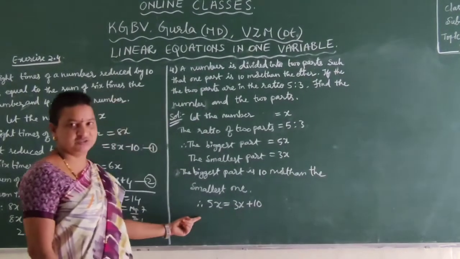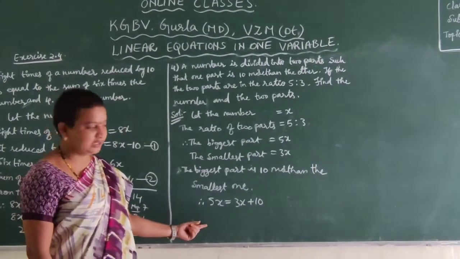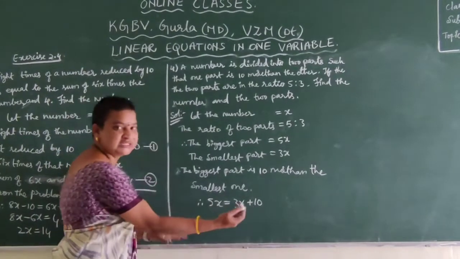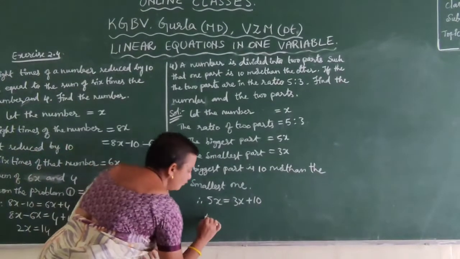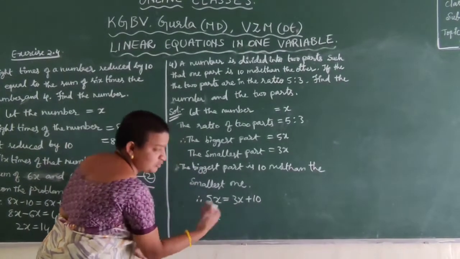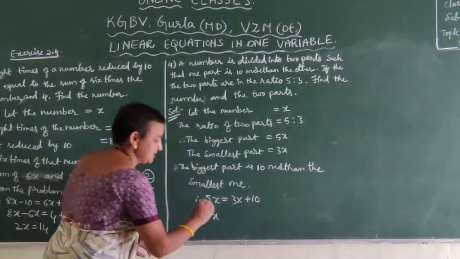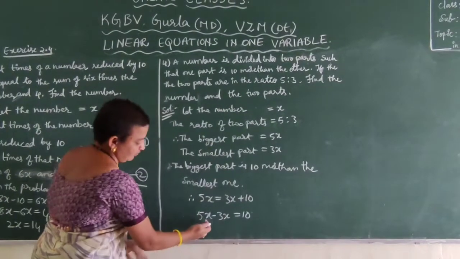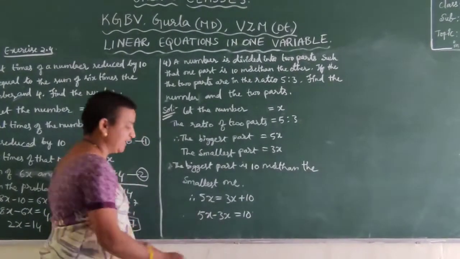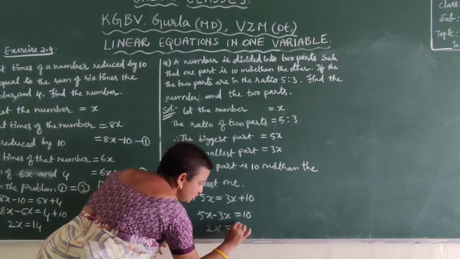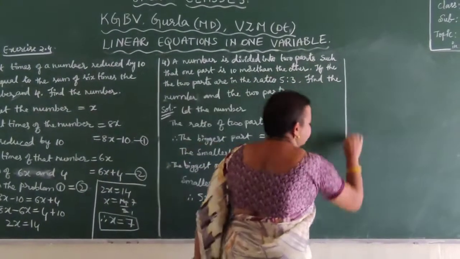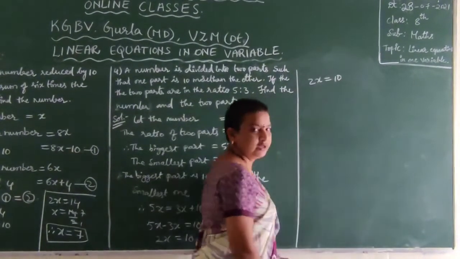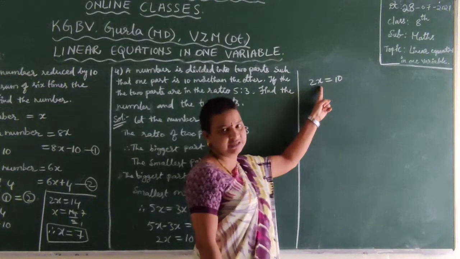We will get the equation. Now we have to solve. First you have to separate the variables. So we have to transpose 3x to LHS. 5x, if we transpose plus 3x to LHS, it becomes minus 3x. 5x minus 3x is equal to 10. 5 apples minus 3 apples, we get 2 apples. 2x is equal to 10. Here 2 multiplies the term x.